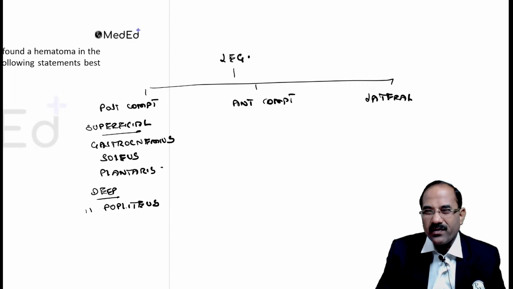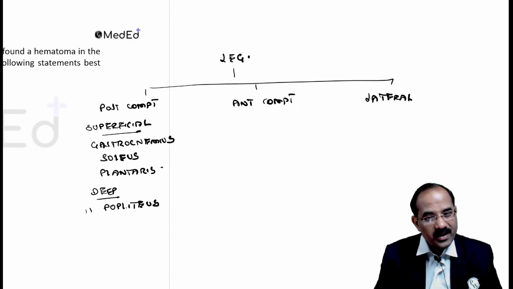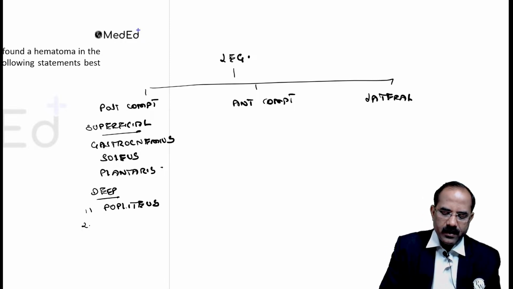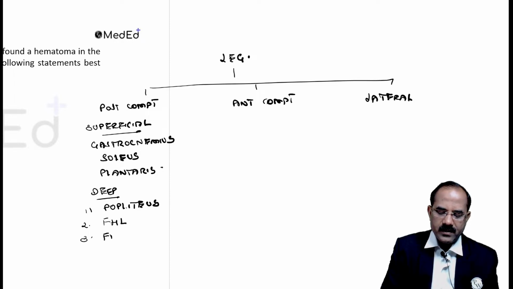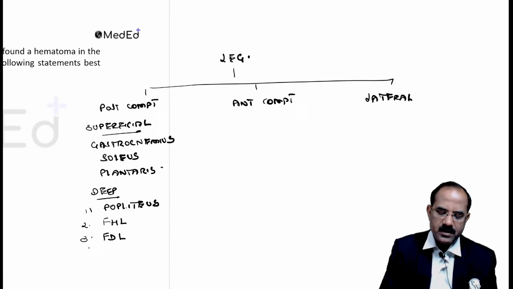Which is a locker of the knee joint? Quadriceps femoris is a locker. Unlocker is popliteus. Second, flexor hallucis longus. Third, flexor digitorum longus. Flexor hallucis longus, flexor digitorum longus, popliteus. And fourth is tibialis posterior.